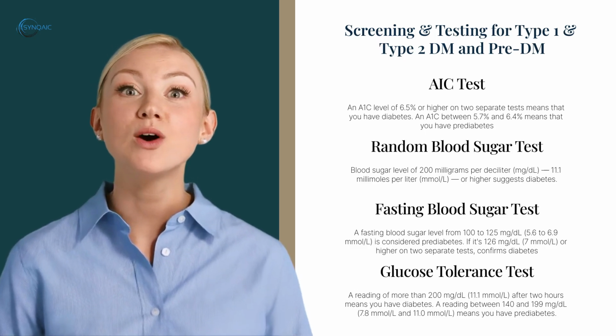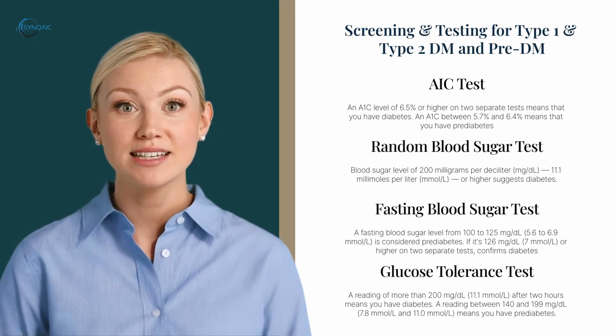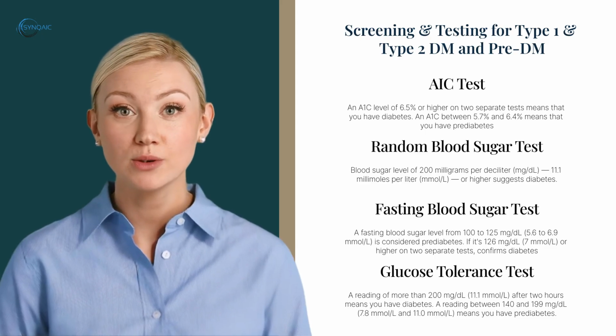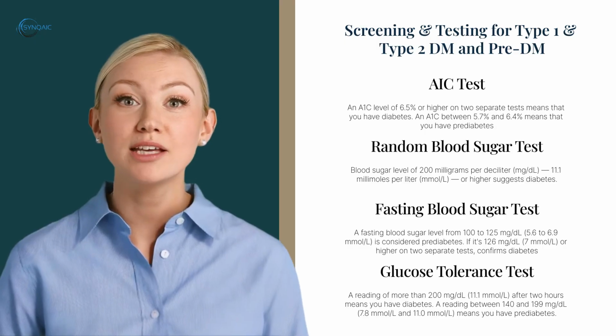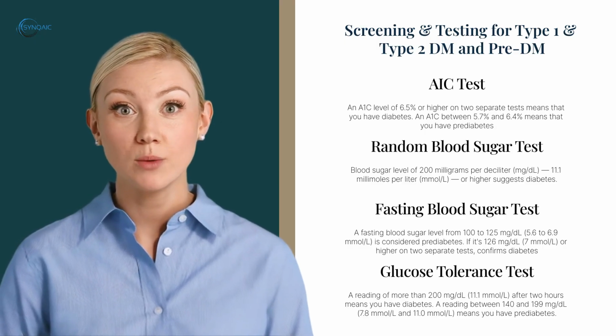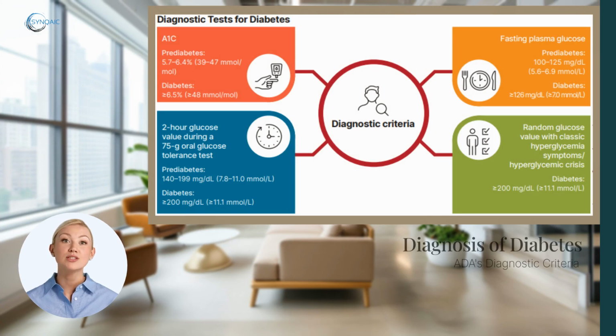A level between 140 and 199 mg/dL, 7.8 to 11.0 mmol/L, indicates prediabetes, and a level over 200 mg/dL, 11.1 mmol/L, confirms diabetes. There's currently insufficient evidence to support the use of continuous glucose monitoring, CGM, for screening or diagnosing prediabetes or diabetes.